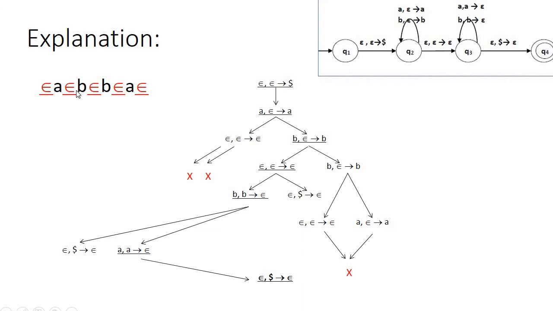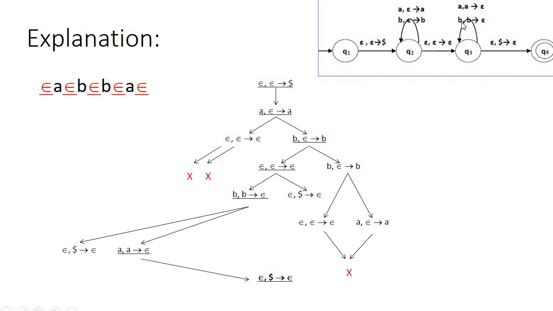After A there is an epsilon, so there are two possibilities: we either accept this epsilon or we ignore it. If we accept the epsilon, we can move from Q2 to Q3, or if we reject or ignore this epsilon, we can jump straight to the input entry, that is B. That's why we have a tree with two different branches. If we accept epsilon, it means that epsilon produces epsilon, and after epsilon there is B, and we are standing at Q3.